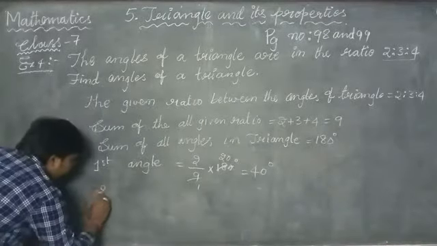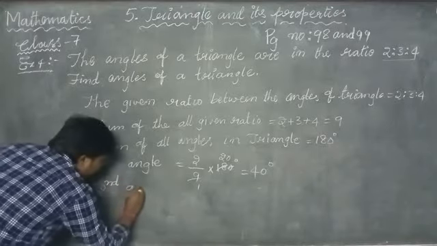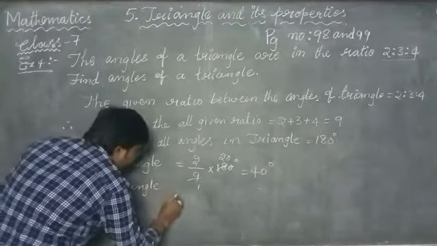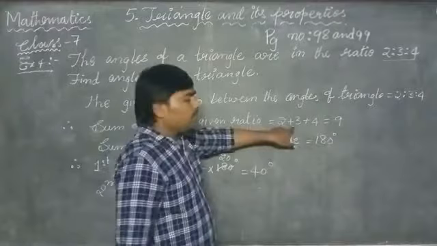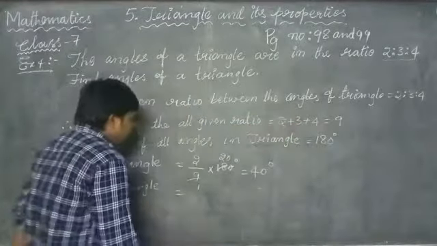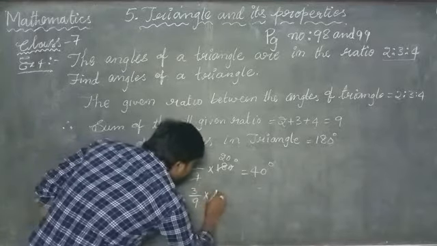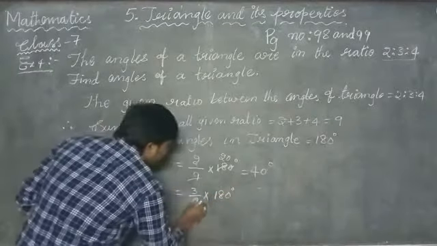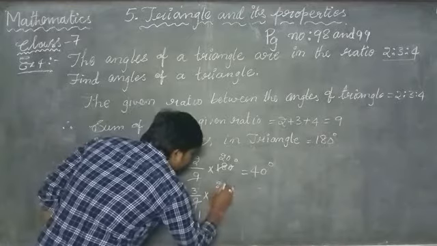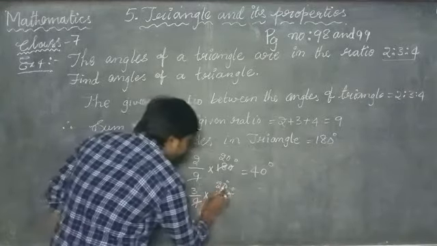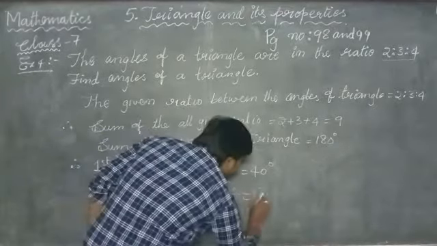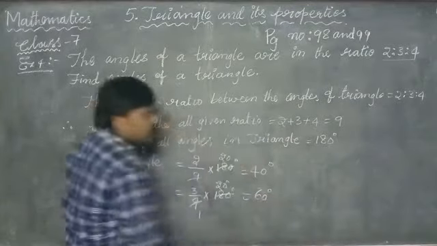Now the second angle. The second angle is 3 parts. They have given 3 parts: 3 by 9 into 180 degrees. 9 twenties, so 3 into 20 means 60 degrees is the second angle.